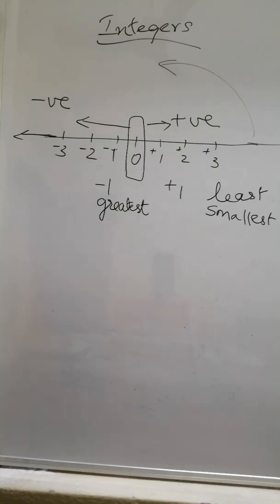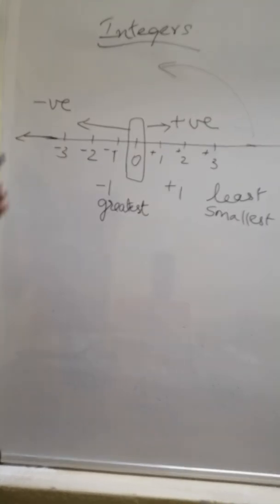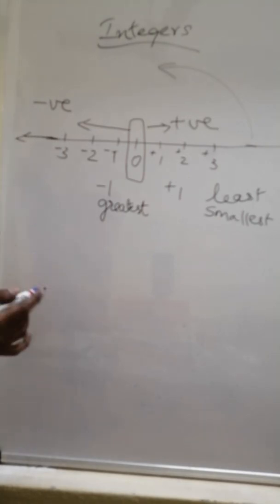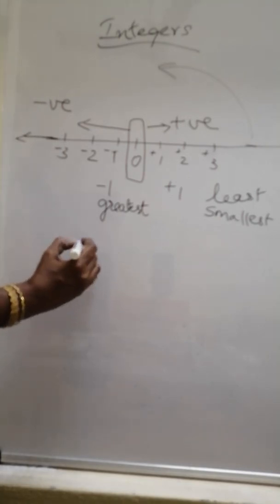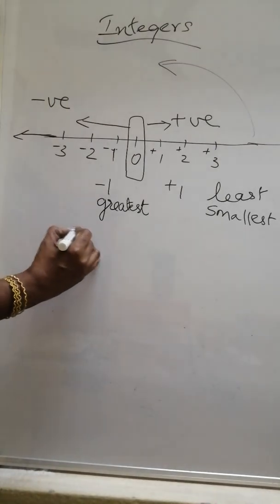They find it very difficult, but it is not that difficult, children. It is very easy. Watch this video. Listen carefully. I will give you an easy way to add or subtract integers.